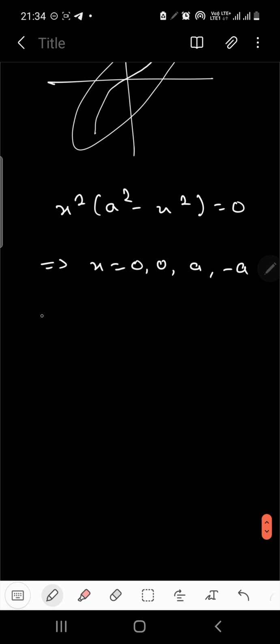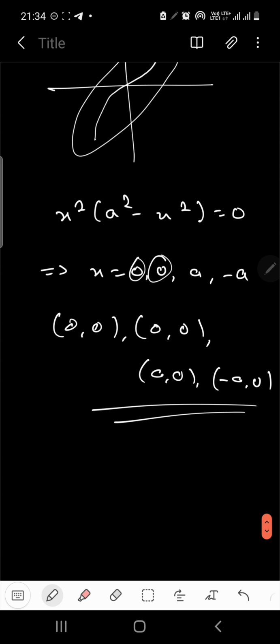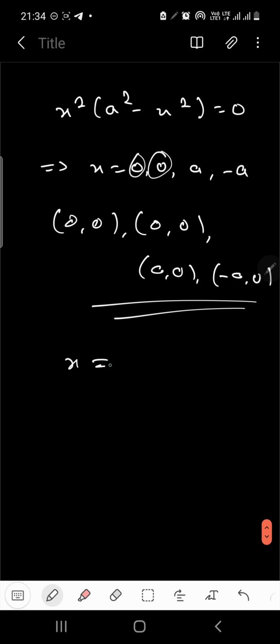That means you again have two branches of this curve passing through the origin. So the points are 0, 0 twice, a, 0 and minus a, 0. You can also check the x equal to 0 case. If x equals 0, you will get y equals 0. So the only point where the y-axis is intersected is the origin itself. I guess this portion is clear.